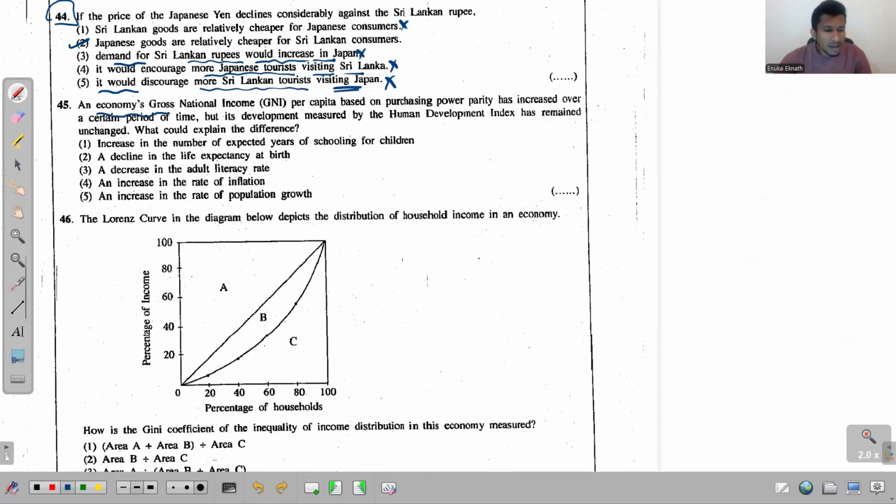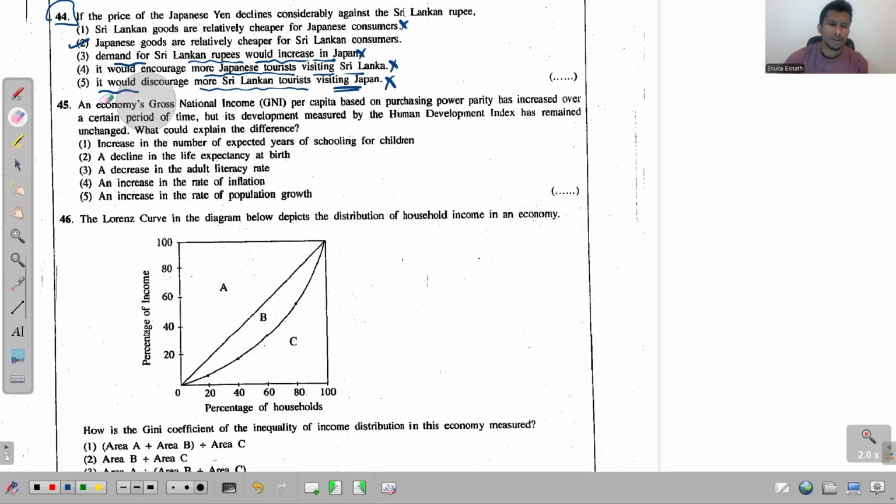It says, an economy's gross national income per capita based on purchasing power parity has increased over a certain period of time. Okay, so per capita GNI based on purchasing power parity has increased over time, but its development measured by the Human Development Index has remained unchanged. What could explain the difference?